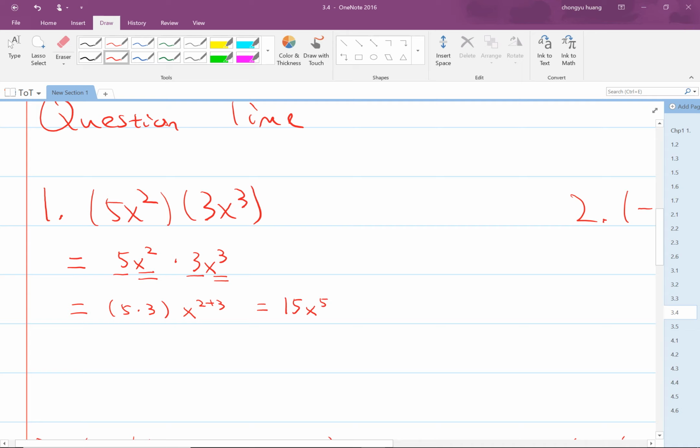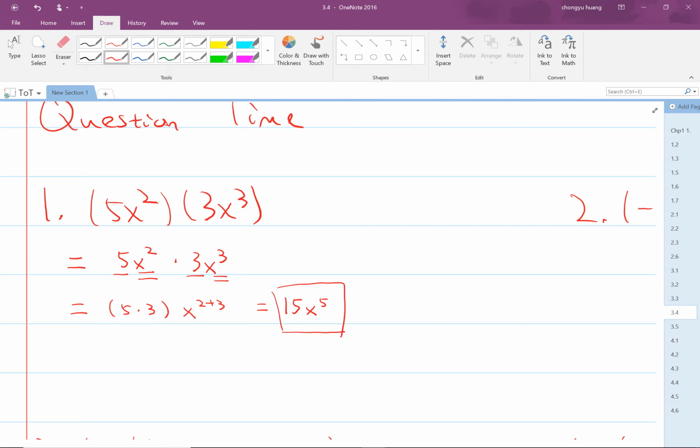Since this is just the first one, I want to make sure you really understand it, which is why I showed you all the details. So we solved question 1, and 15x to the power 5 is the solution.